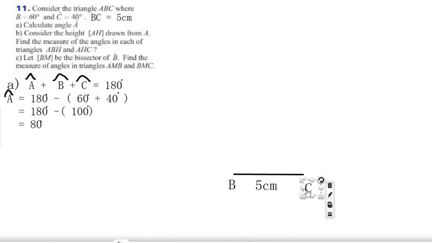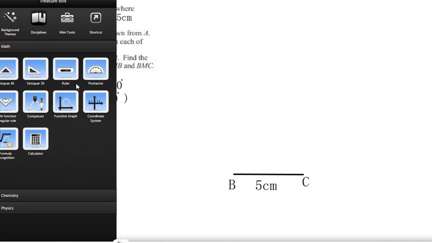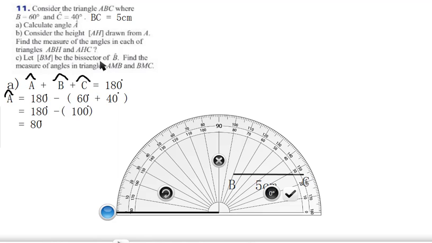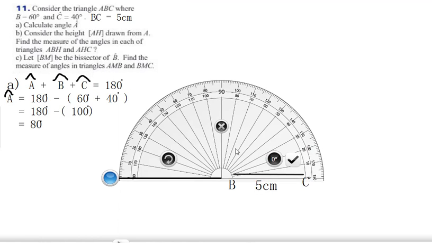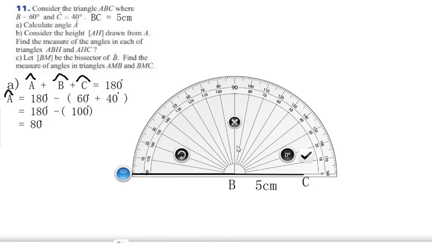Then, angle, side, angle: we have to use the protractor, put it on B, and measure 60 degrees. Where is this 60? Here it's the 60 degrees. Okay, so this is the first one.